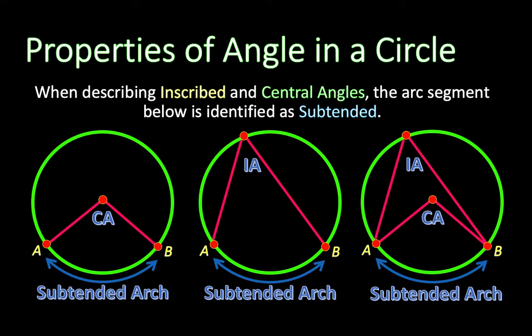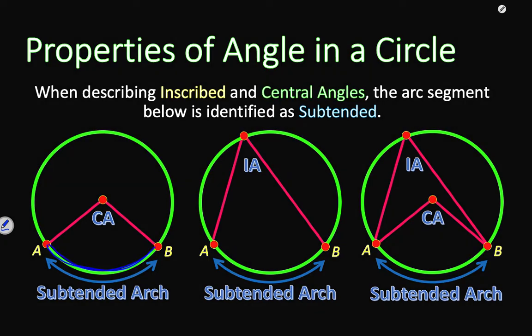Some more vocab. If we have a central angle and we want to talk about the arc that connects the 2 points from which the lines come that make the central angle, we can call it a subtended arc. So this could be referred to like this right here. We could say minor arc. We could also call it subtended, and then that tells us we're talking about this angle right here.